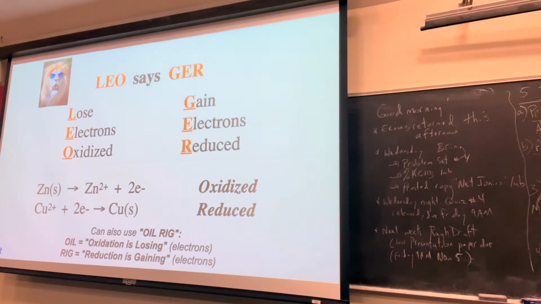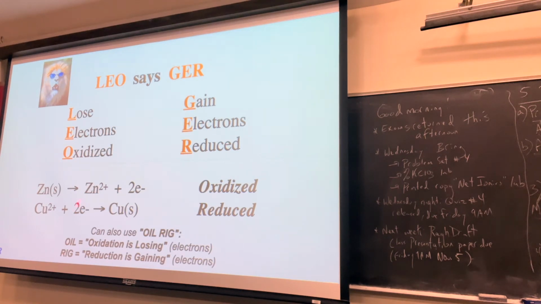So zinc losing 2 electrons, zinc has been oxidized. Copper 2+ here has gained 2 electrons to become copper metal. Copper 2+ is reduced. And remember, oxidized and reduced are always relative to reactants. Don't start thinking about zinc 2+ going to zinc. You'll get yourself all mixed up.